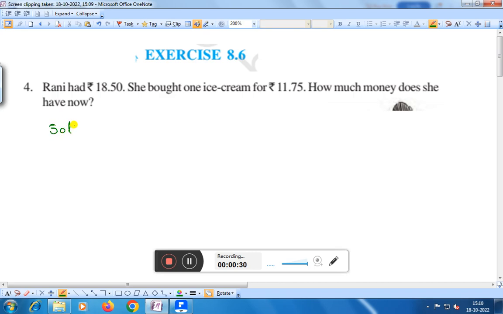That means you have to subtract rupees 11.75 from rupees 18.50, right?